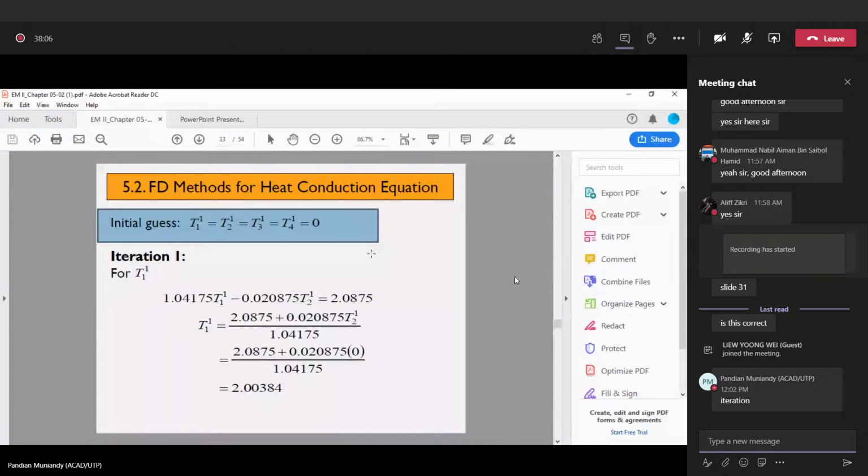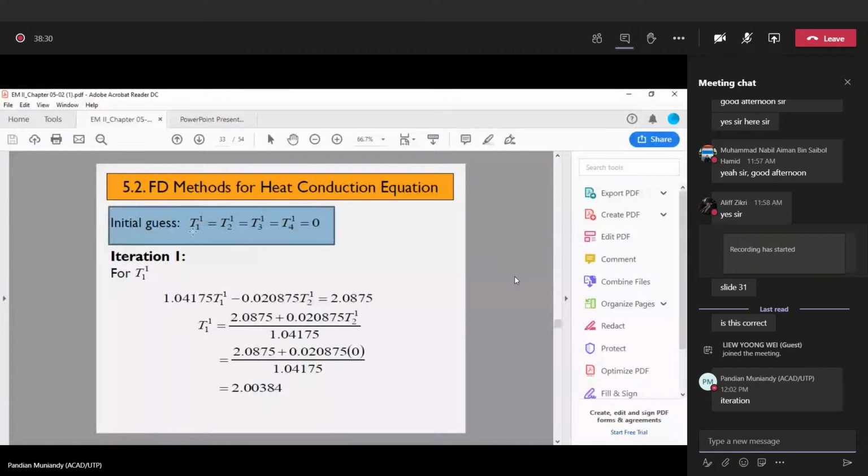If you don't have this initial guess, then you cannot start iteration 1. Because for iteration 2, you no need to use the initial guess because we will use the iteration 1 output. So the important thing here is you have to use this initial guess.